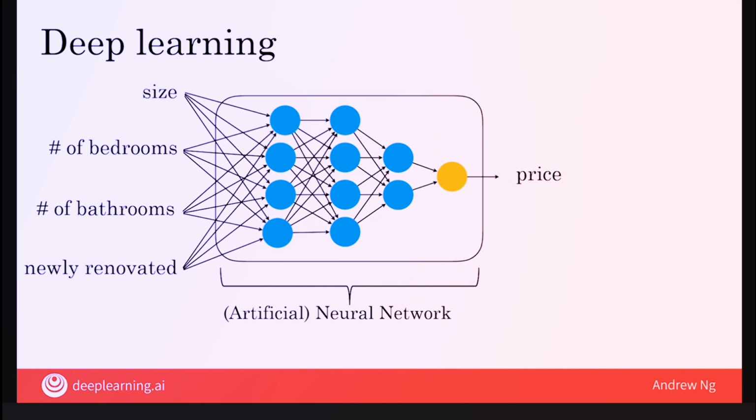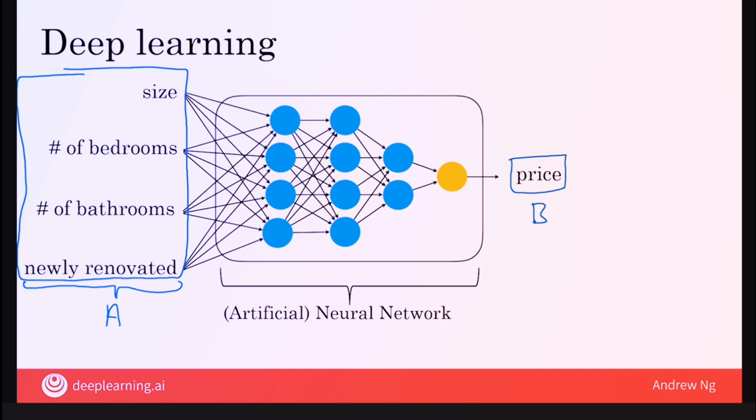And what an artificial neural network does is take its input A, which is all of these four things, and then output B, which is the estimated price of a house. Now, in a later optional video this week, I'll show you more what this artificial neural network really is. But all of human cognition is made up of neurons in your brain passing electrical impulses, passing little messages to each other.